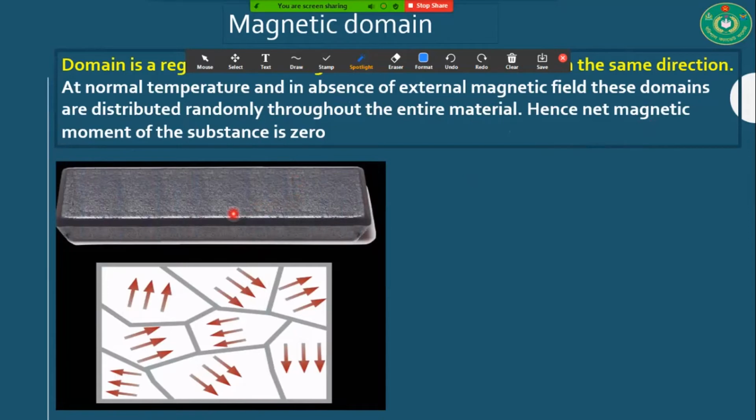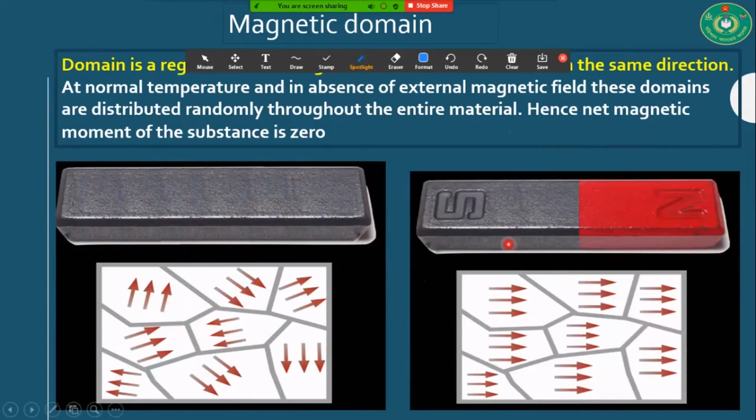Here, this is our iron bar, and this iron bar is not placed inside a magnetic field, so the dipole moments of this iron bar are randomly distributed. This is our second figure. In this figure, this iron bar is placed inside a magnetic field or magnet. That's why this iron bar is transformed into a magnetic material, that is, a bar magnet.